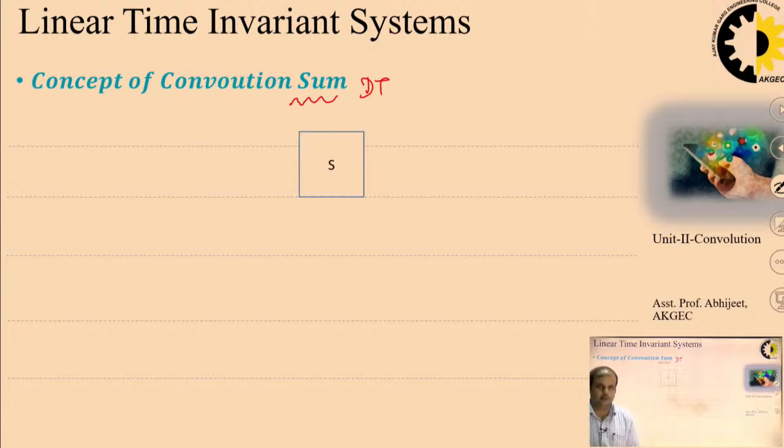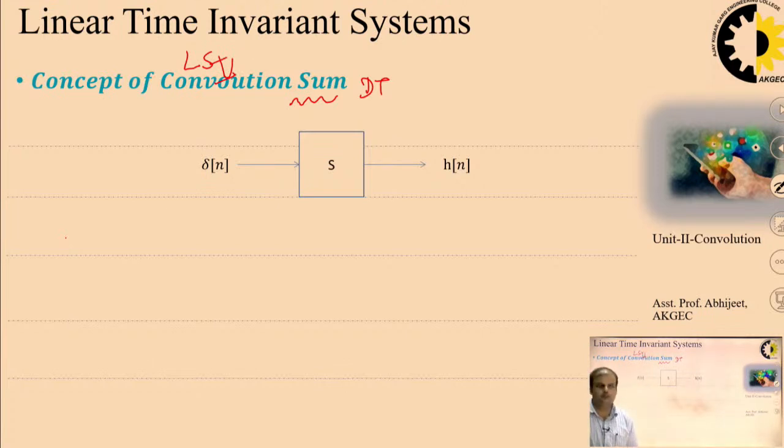If I have a system S and I apply delta(n), which is the impulse signal, by definition the output is the impulse response h(n). The system is linear time invariant, and remember that linear time invariant systems for discrete time systems are also called linear shift invariant systems, LSI systems.